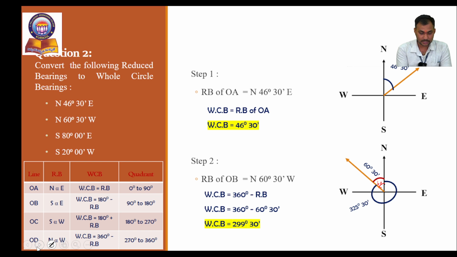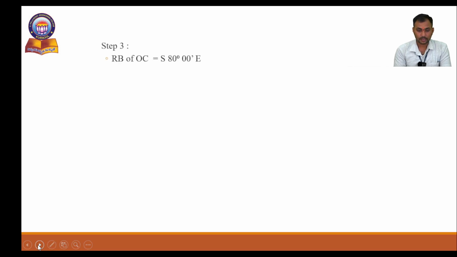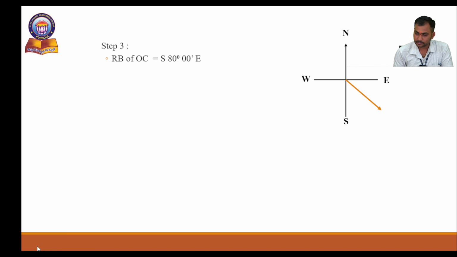Okay, my dear students, and next one, step 3. The given reduced bearing of OC is south 80 degrees 0 minutes east. So draw the direction line diagram. From south towards east, take 80 degrees and draw the object line OC.